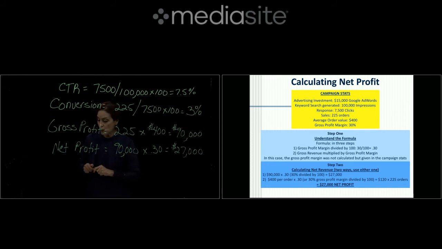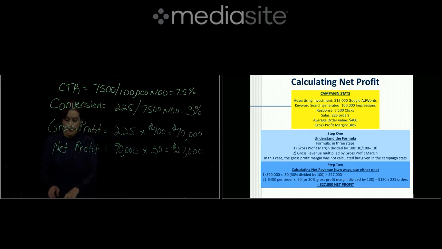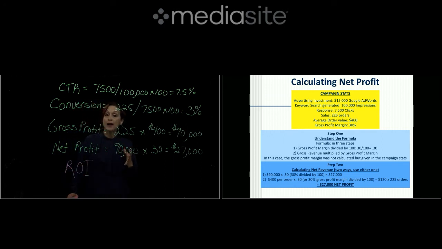So the final one is now, are they making money? Let's calculate ROI, or return on investment. To calculate ROI, the formula is net revenue minus the advertising investment, and then divided again by the advertising investment, times 100, because even though you don't put the percentage, this is perceived as a percentage.